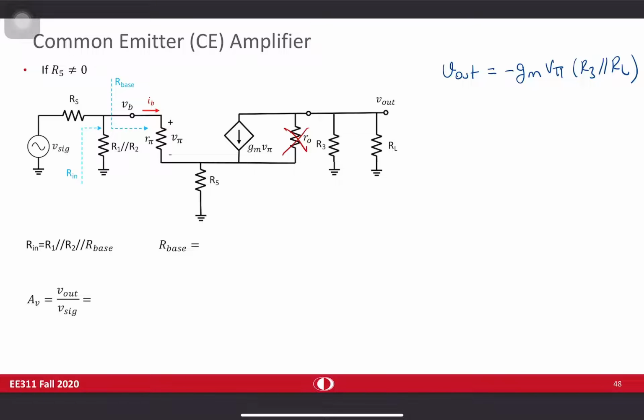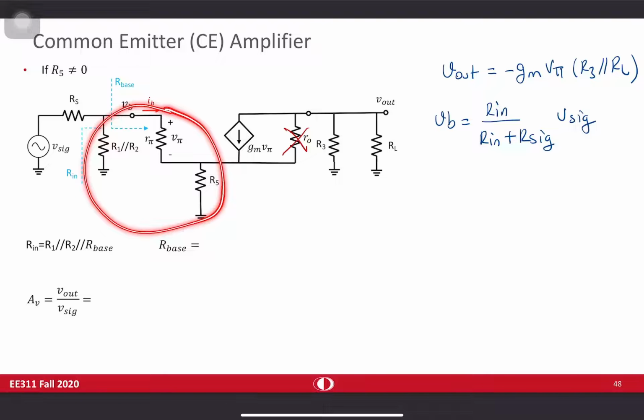So what I can write is VB is equal to Rin divided by Rin plus R signal times V signal. It is the first voltage division in here, total resistance Rin. So it's going to be Rin divided by Rin plus Rs. That's correct notation.